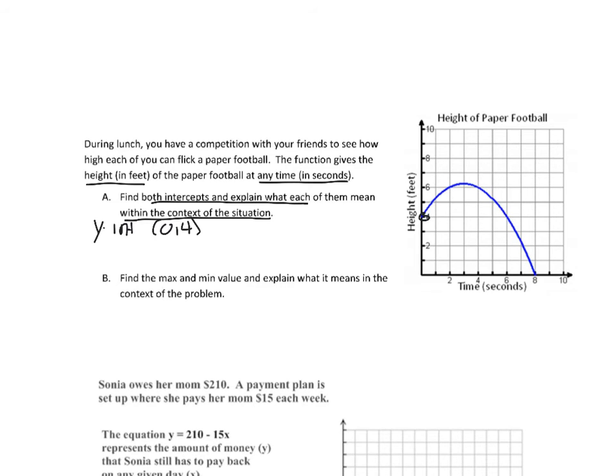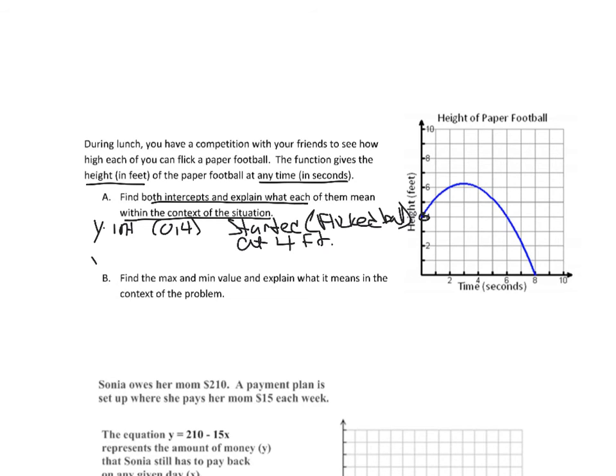That means he flicked the ball at 4 feet. So he wasn't on the ground flicking the football. He was probably sitting at the lunch table and flicked it from the lunch table. So he's 4 feet up, okay?